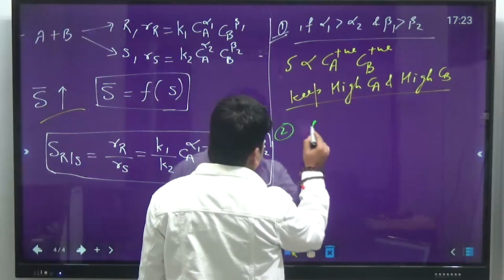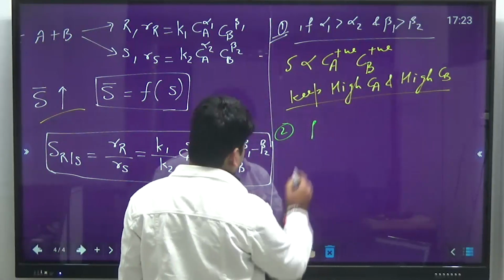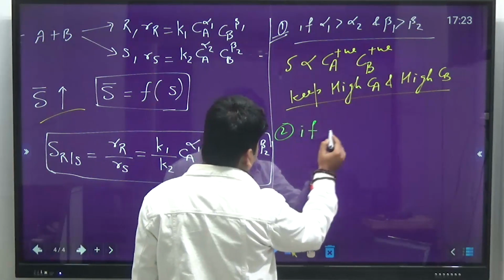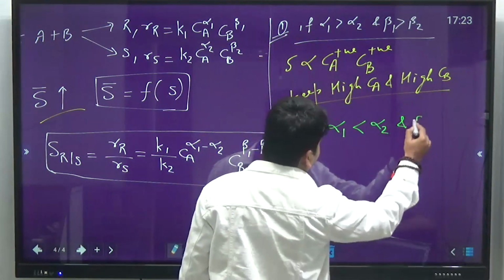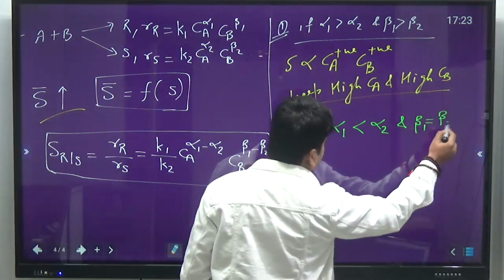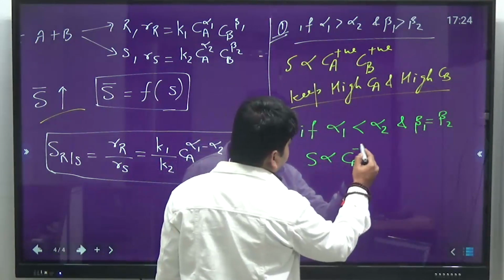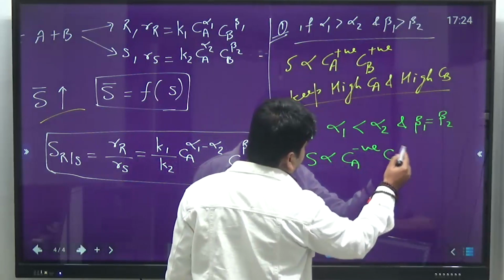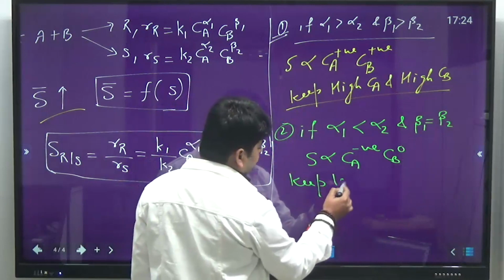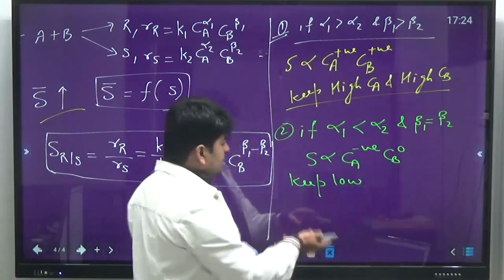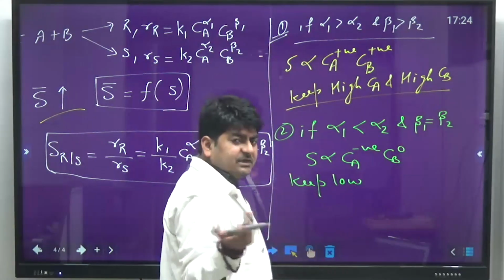Then the second case, if alpha 1 is less than alpha 2 and beta 1 is equal to beta 2. Okay, so you can see that S is proportional to Ca power negative and Cb power 0. So in that case, I will keep lower Ca, because if the concentration of A is low, S will be high, and B doesn't matter.